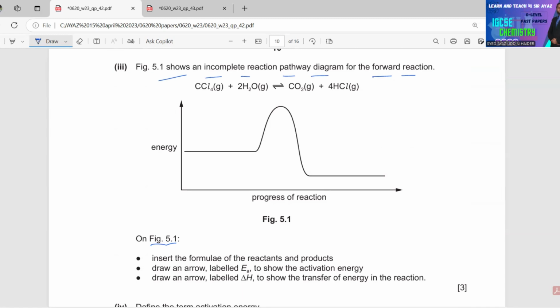So this is an exothermic reaction. The reactants must be at the high energy state, on the left hand side. So you will have CCl4 (g) plus 2H2O (g), and the products, which will be at the lower energy state, CO2 (g) plus 4HCl (g).